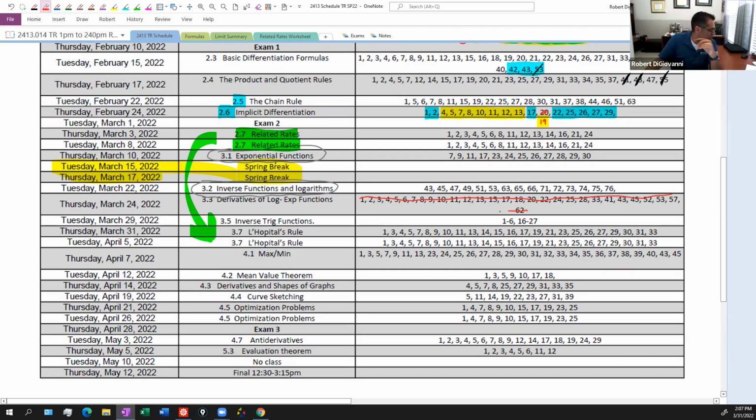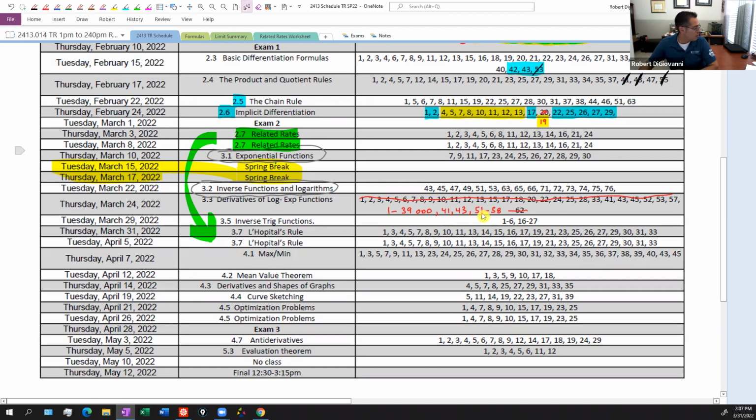Your total assignment would be 1 through 39 odd, which you already did. Then now I would try 41, 43, and then 51 through 58.